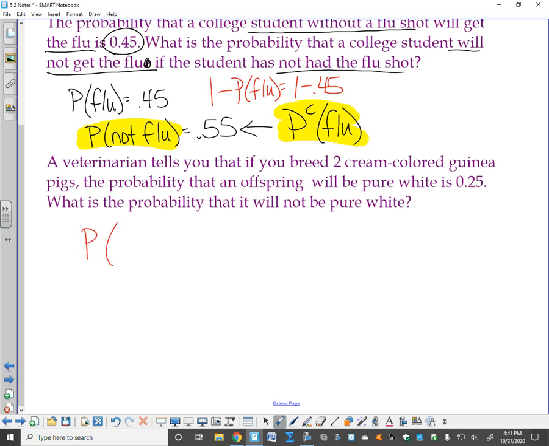I have the probability that it will be pure white, and that is 0.25. That's me translating what I was given. I want the probability that it won't, so I want the complement of that.